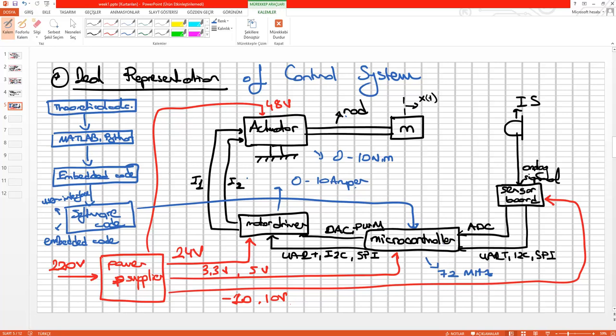Or you must select a microcontroller where 3 UART and SPI must be provided in here with 12 ADC signals. Okay? This is the basis of your control system applications. Okay? Any question?